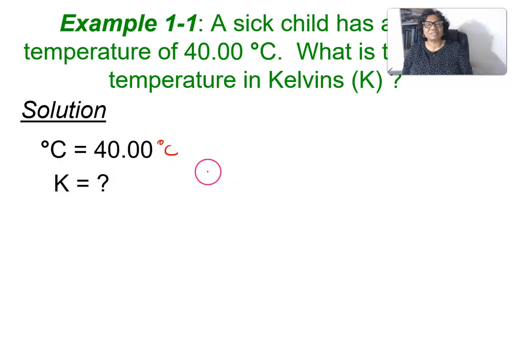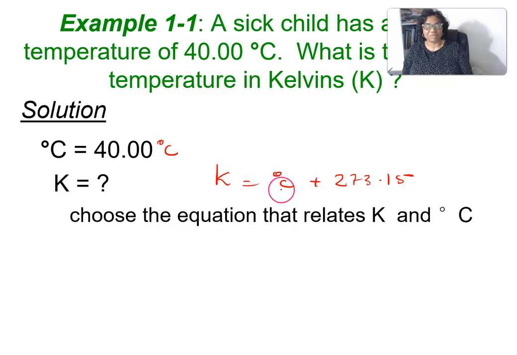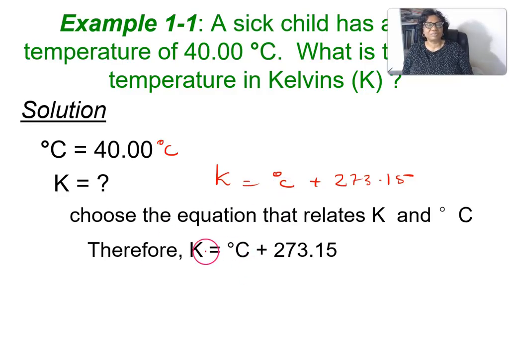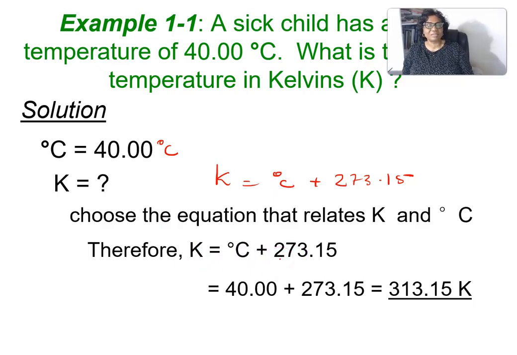We know that Kelvin equals degrees Celsius plus 273.15. So all you need to do is add 40 here, and this is the temperature of the child in Kelvin. If we have to convert it to Fahrenheit, what do we do?